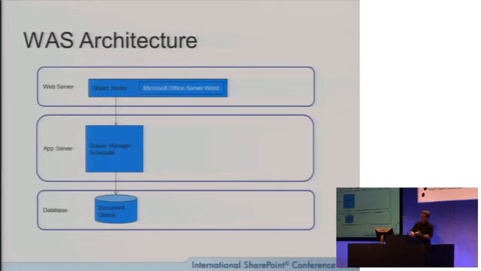Looking a bit at the architecture, effectively what's going on is you've got the object model which runs on your web server, and that uses the Microsoft.Office.Server.Word namespace, because Microsoft want to be consistent about their namespace naming.